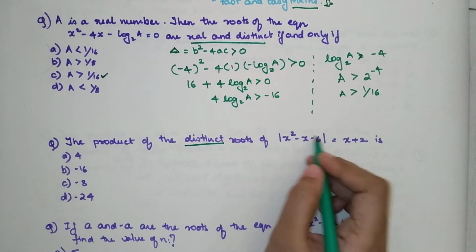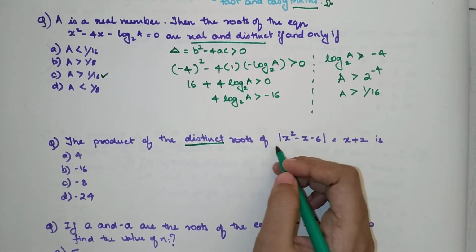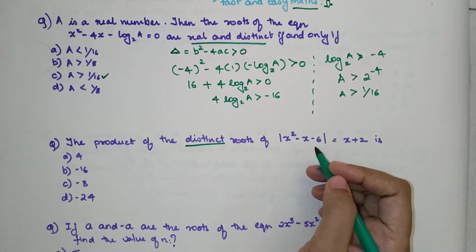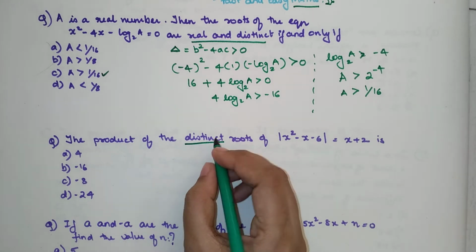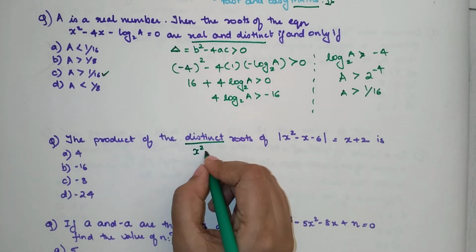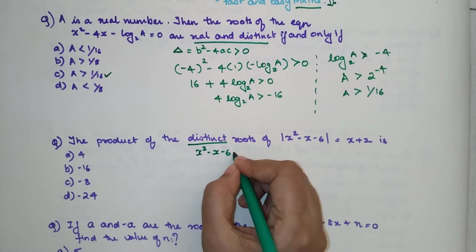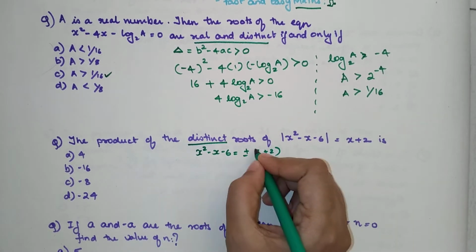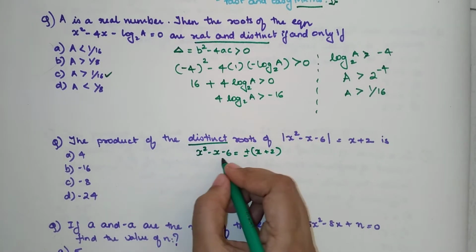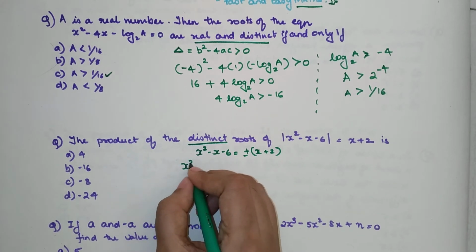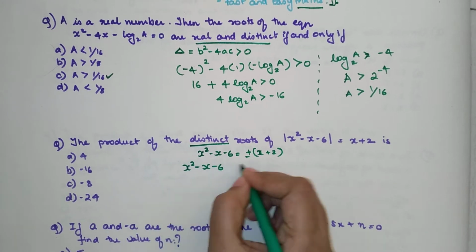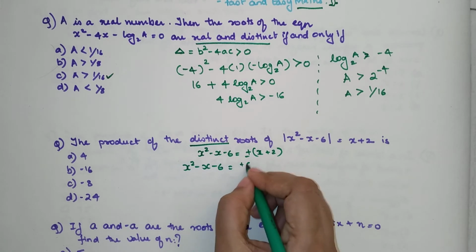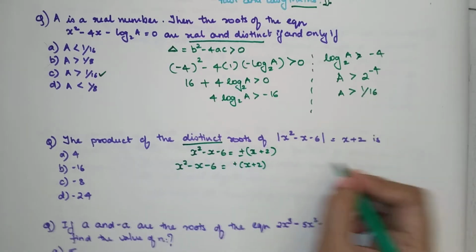So if I want to solve this particular quadratic equation, let's shift the mod on the other side because that looks much more convenient. So we can say x square minus x minus 6 is equals to plus minus x plus 2. Okay, so now let's split it. We can say x square minus x minus 6 is equals to plus x plus 2.